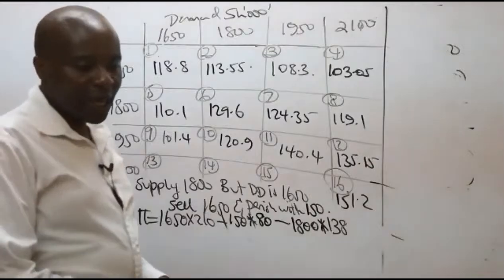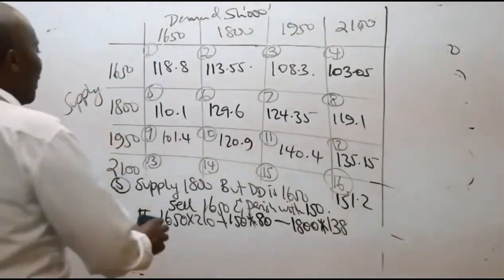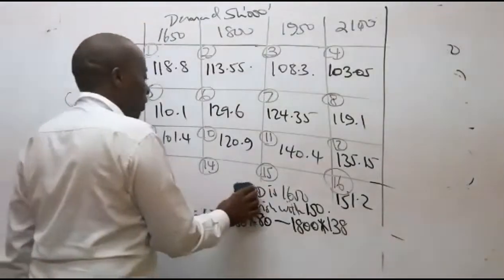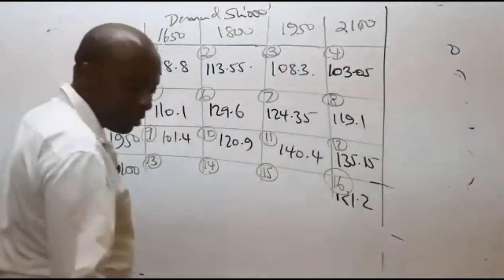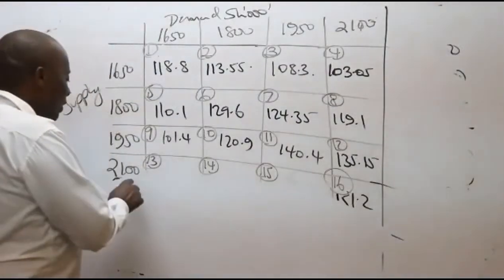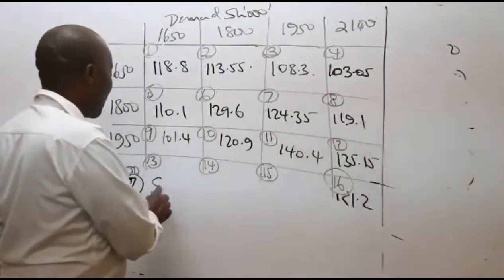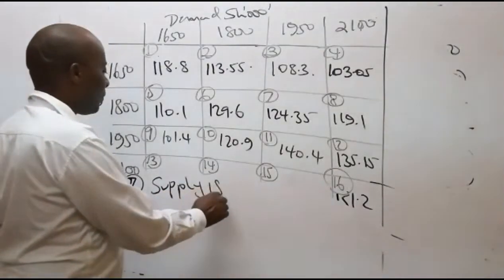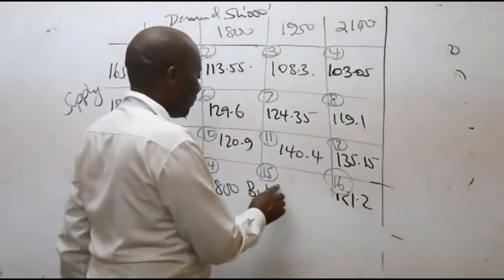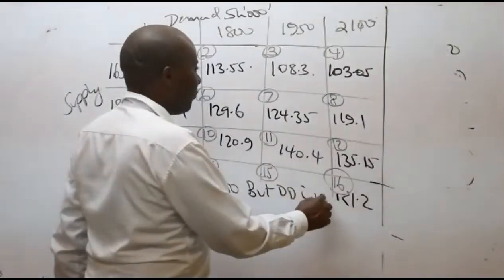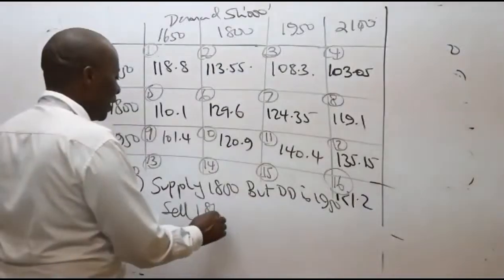So in this case here, Omar wants us to do cell number 7. So for cell number 7, ladies and gentlemen, I can see the supply is 1800, but demand is 1950. So in this case here, I'm going to sell the lower, sell 1800.